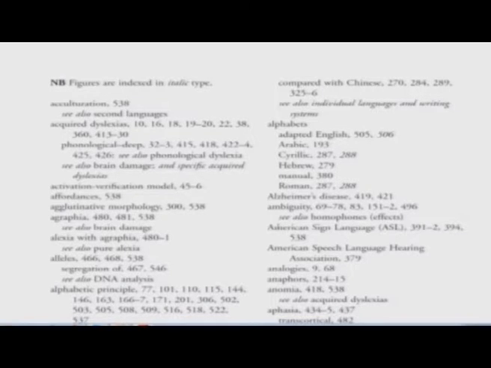So, for example, the first one here is acculturation. So, this is a keyword. Say you are researching this particular topic. So, you find that this topic has been discussed in this particular book.